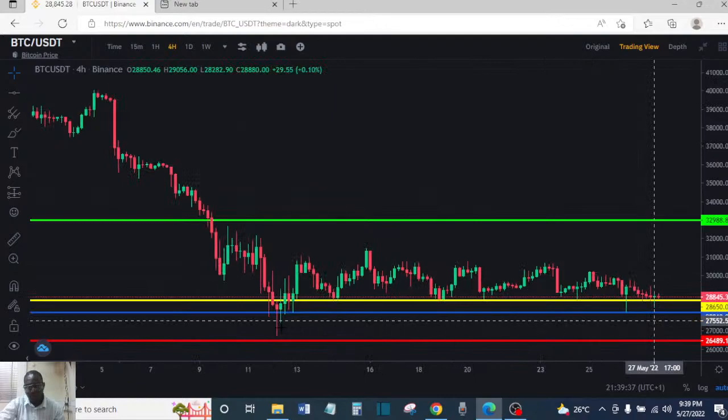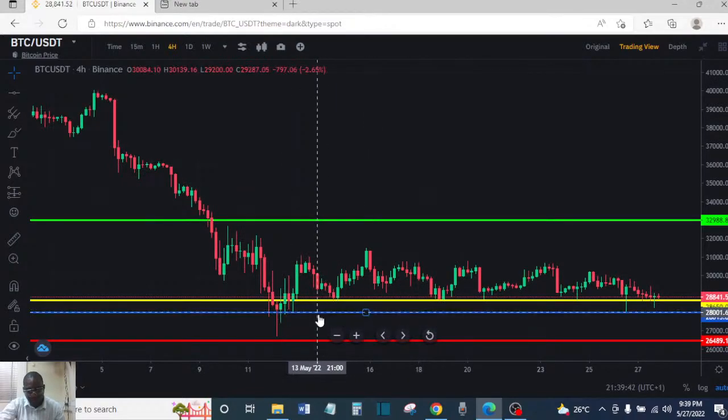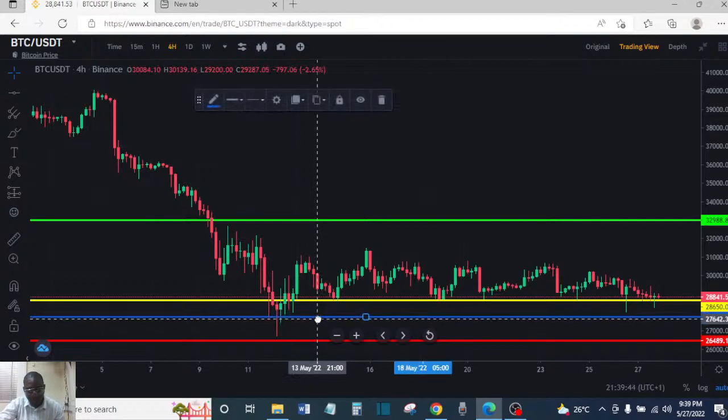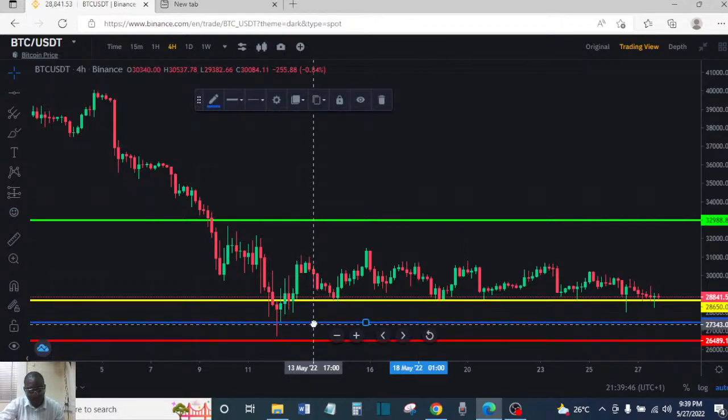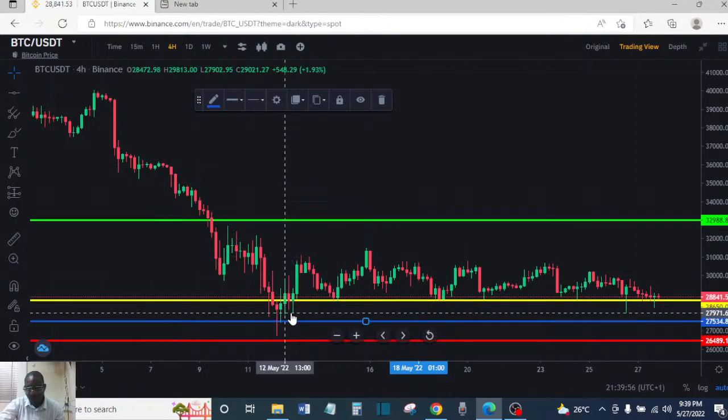Now when you look at what is happening here, you see that these stops are here. This is one stop. This stop was missed by this, now forming these two stops here.